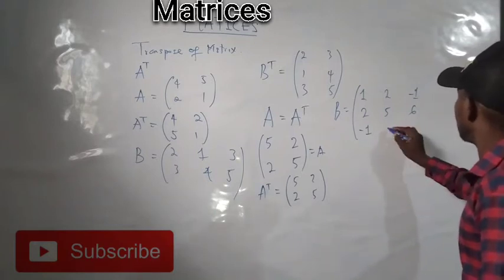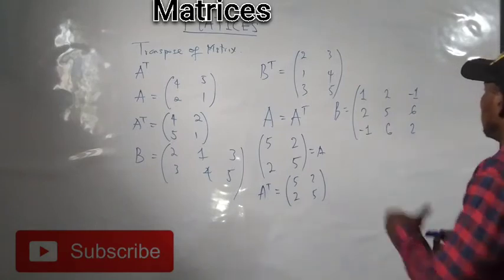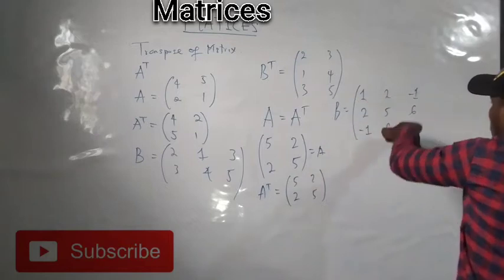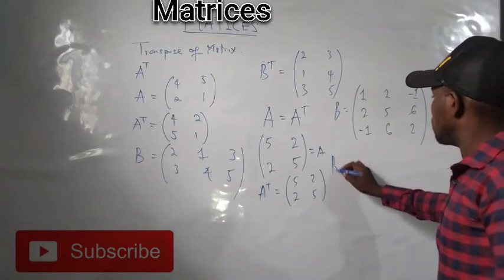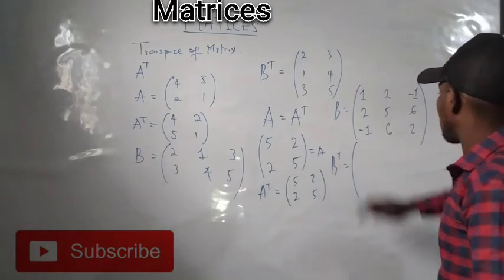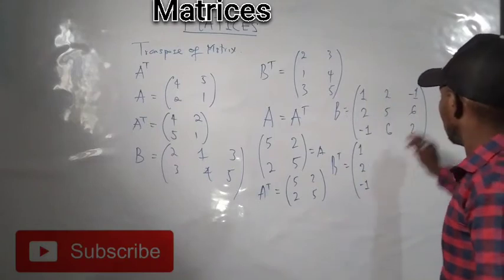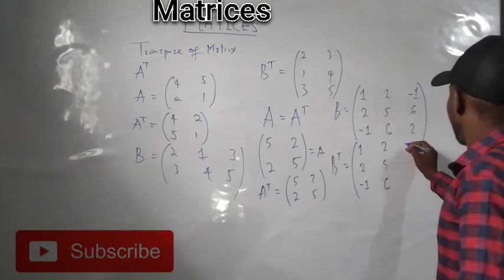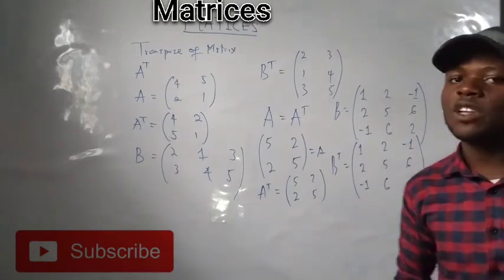So such a matrix can be referred to as a symmetrical matrix, in that when you find the transpose of this matrix B, you discover that this becomes 1, 2, minus 1, then 2, 5, and 6, then minus 1, 6, and 2. Nothing is changing.